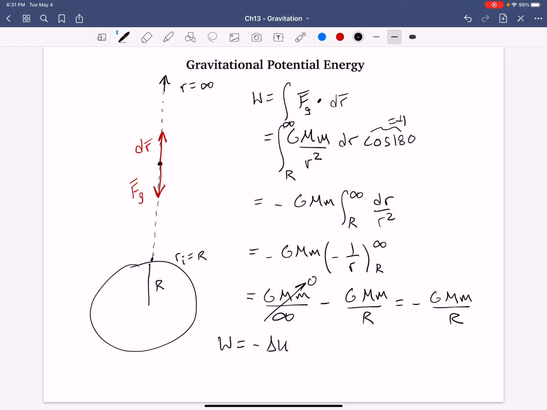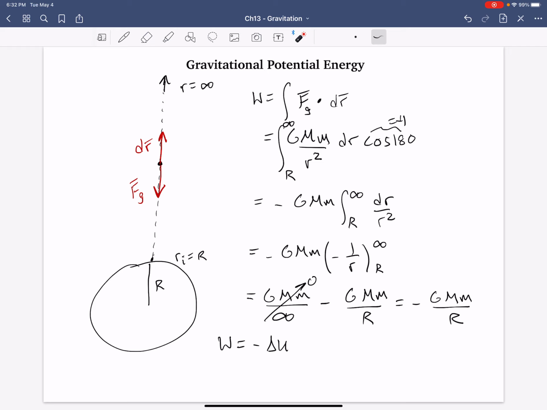So, to say this another way, the object, when it was on the surface at launch, initially, that was the closest that center of mass will be to the center of mass of the planet. So thus, the gravitational potential energy was at a minimum, right? They were closest together.